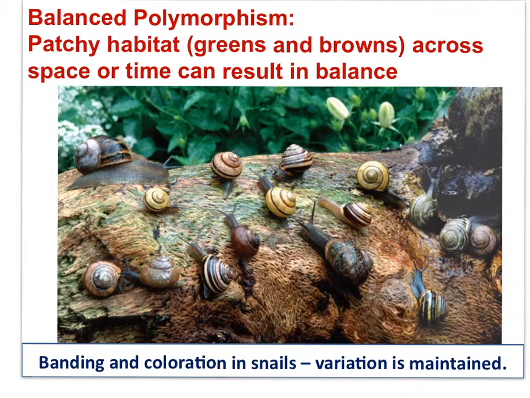There are other examples of balanced polymorphism, and you can see one example in this image where these snails live in a patchy habitat. In a patchy habitat, all of the various phenotypes of shell color are favored. Thus, no one coloration pattern is favored over another. This would be balanced polymorphism.